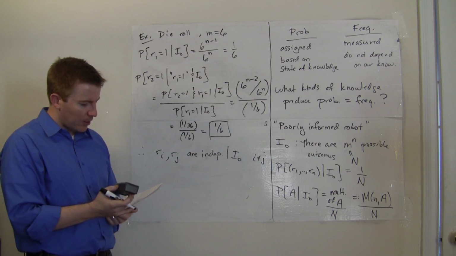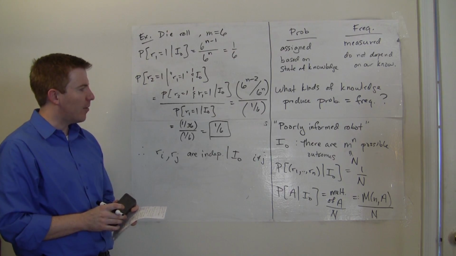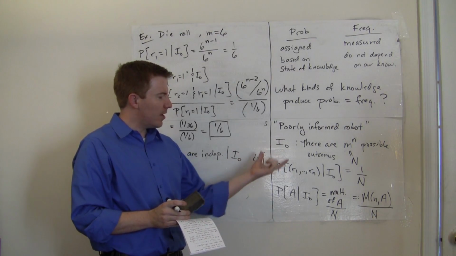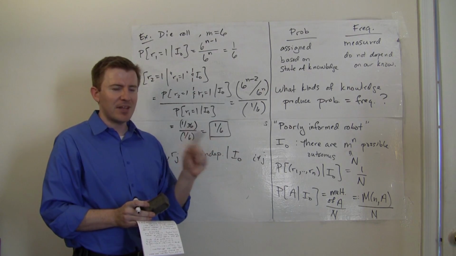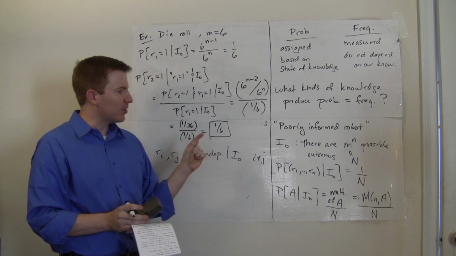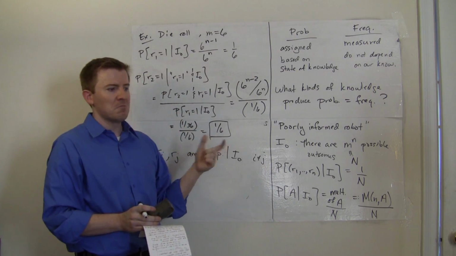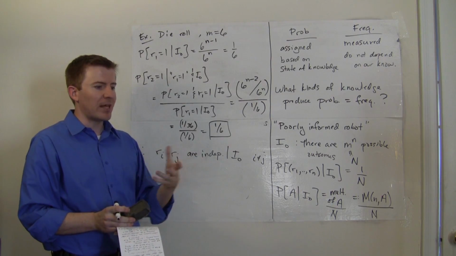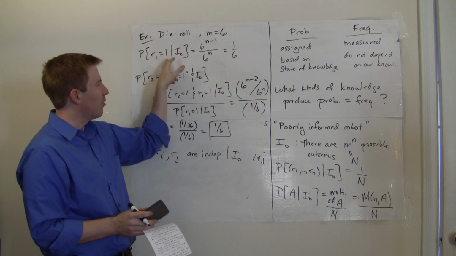So what's interesting about that, or what makes that a little bit disturbing, is that this robot, first of all, seems to be getting the right answers. That's a little bit weird. We know that if we ask the same question to someone who does dice gambling for a living, someone who knew lots about dice and dice rolls, and we asked, what's the probability of getting a 1 on the first roll?